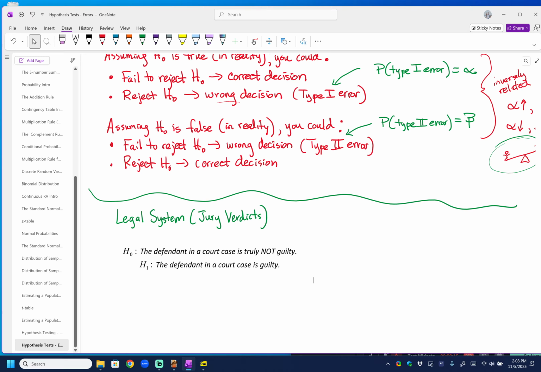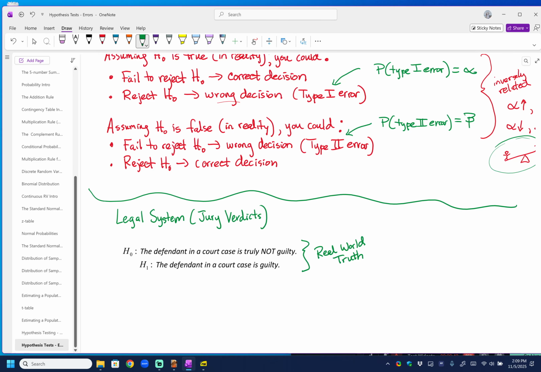So we're going to have a null hypothesis, as you see here, that the defendant in the court is not guilty. Whereas the alternative is that they are guilty. Now this is going to represent the real world truth of the guilt of the defendant, basically.